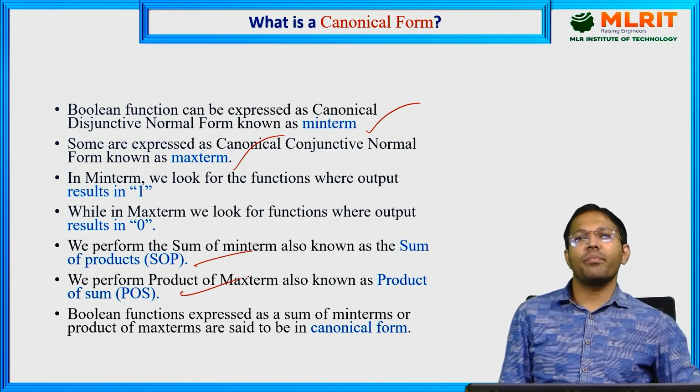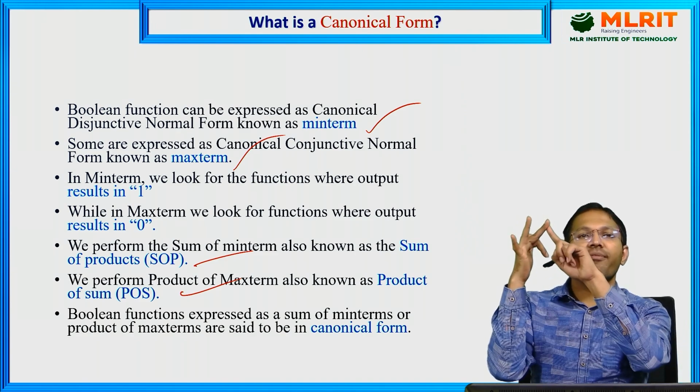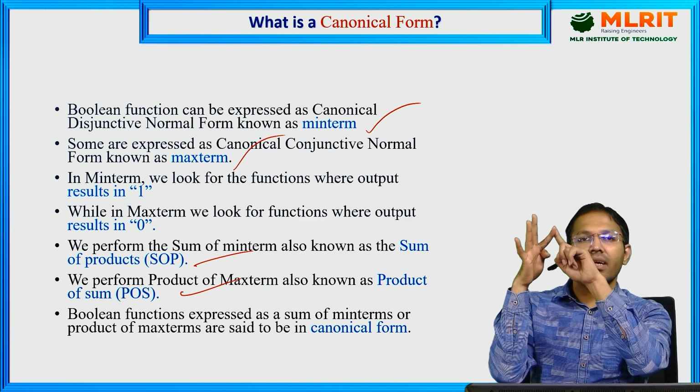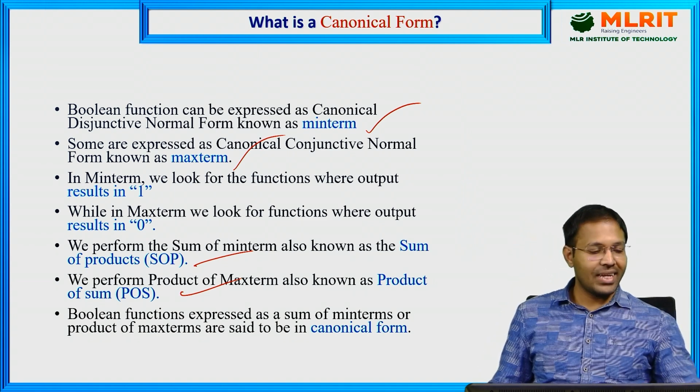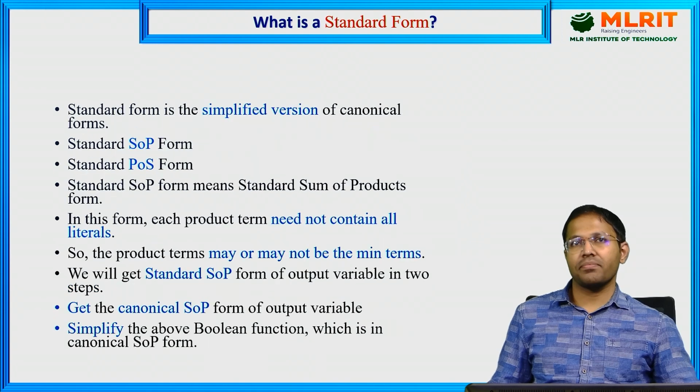These are the important terms that we consider in the case of canonical form: min term, max term, sum of products, product of sum. To understand this better, let us discuss the examples and then come back to this.